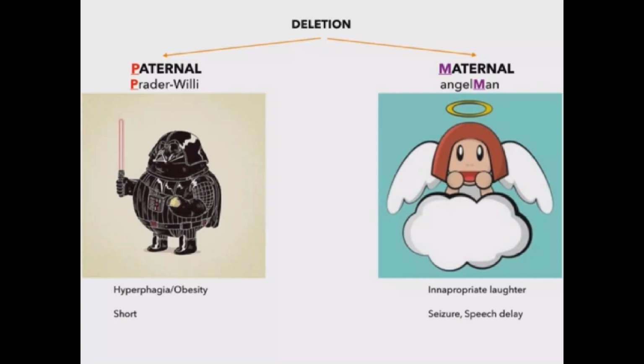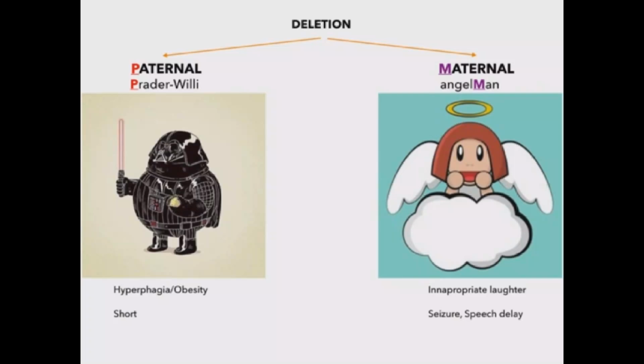So now let's summarize really quickly. There's a deletion on chromosome 15. You need to remember chromosome 15, just commit it to memory. And the deletion can either be paternal or maternal. Paternal is Prader-Willi and maternal is Angelman, so the M's and the P's. Prader-Willi, we think Darth Vader-Willi. We think of our little short, fat Darth Vader.